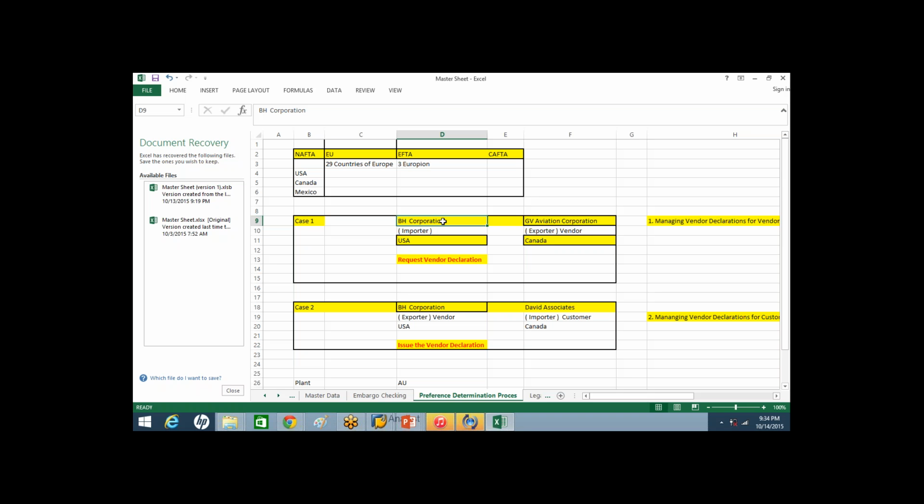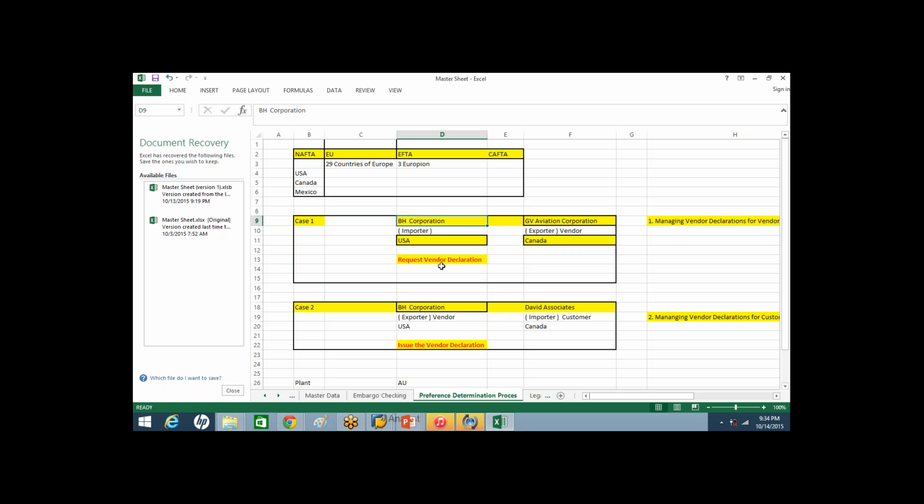Now, as part of receiving the goods, as part of import, if Bell Helicopters Corporation would like to get the benefit from the customs authorities, on what basis?